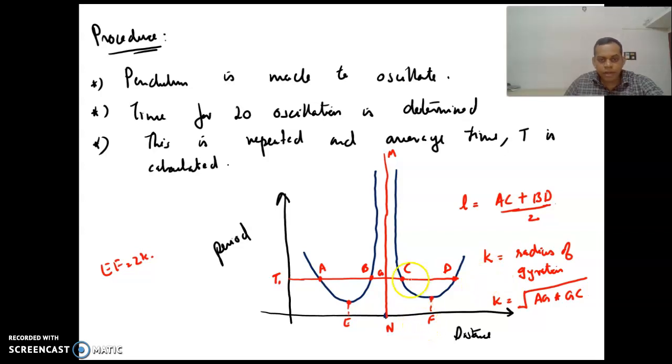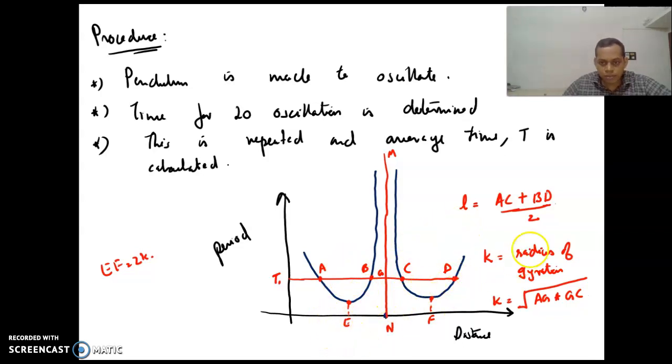Then the radius of gyration can be calculated as root of AG into GC, and also the length of the equivalent pendulum can be calculated using (AC plus BD) by 2.